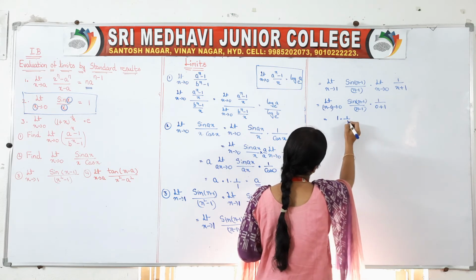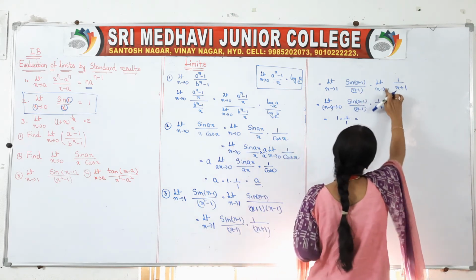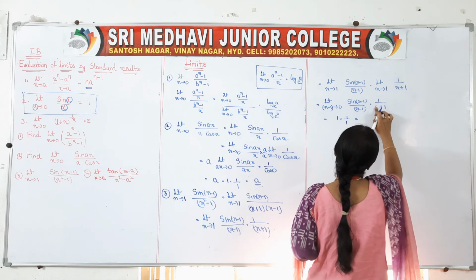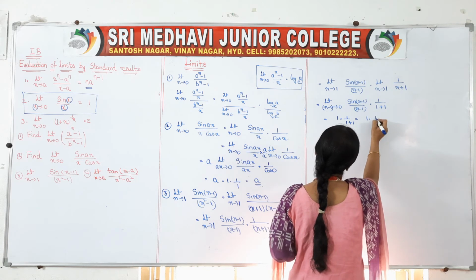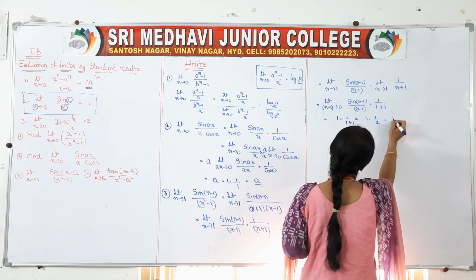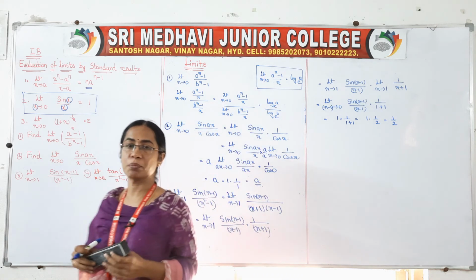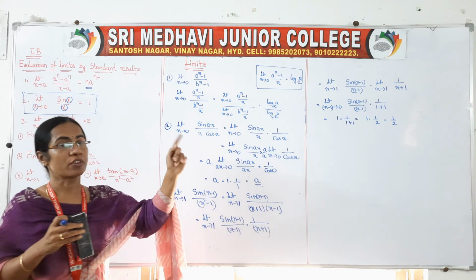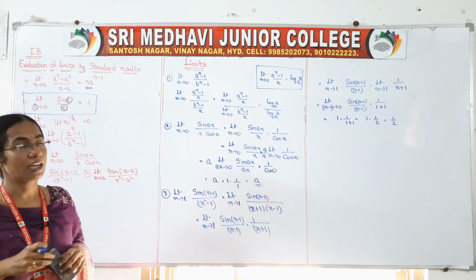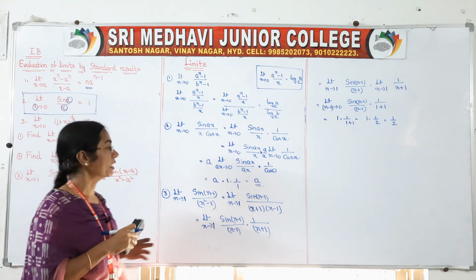Here x tends to 1 also, so 1 plus 1 is 2, and the answer is 1 into 1 by 2, that is 1 by 2. Be careful. If you take the limit value wrongly, you are going to get a different answer.